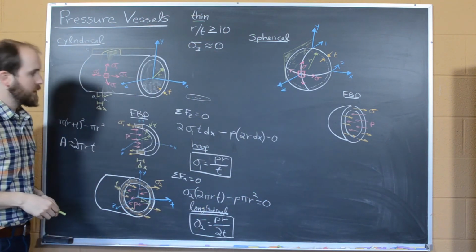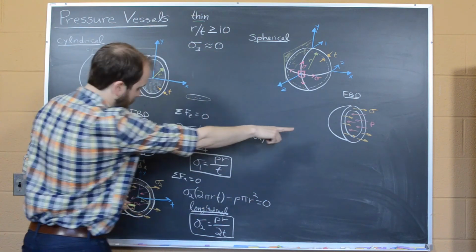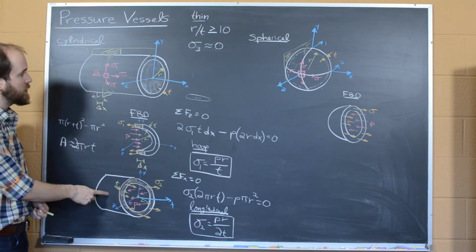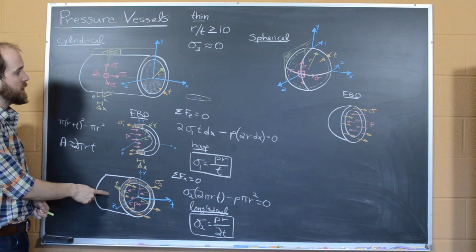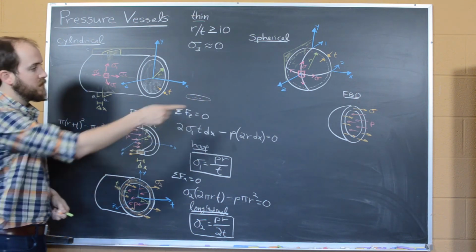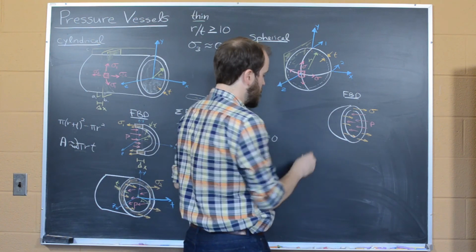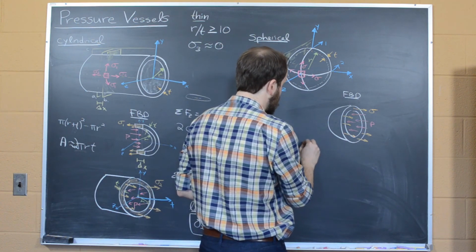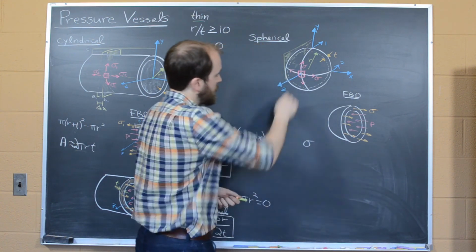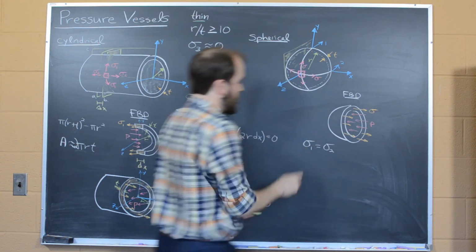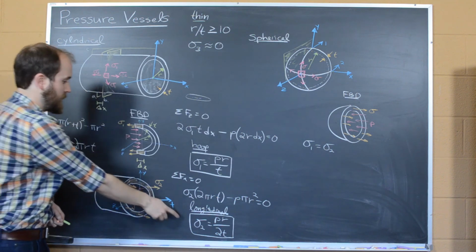And what you might immediately recognize is that this free body diagram looks exactly the same as the free body diagram we drew for sigma 2 in the case of the cylindrical pressure vessel. And it turns out that this is going to have the exact same relationship for the principal stress, and it's that the stress in the 1 and 2 direction are going to be equal, and they're going to equal the longitudinal stress here.